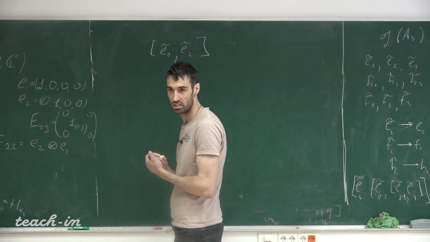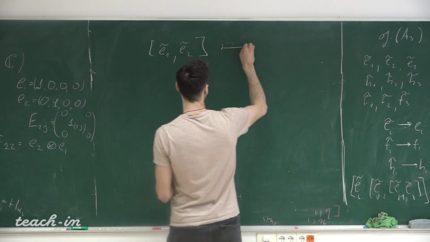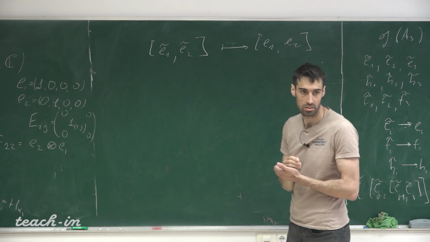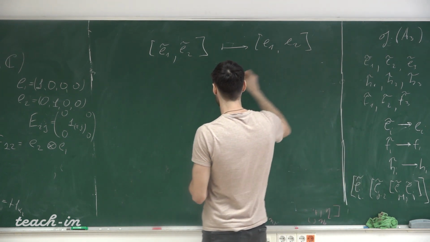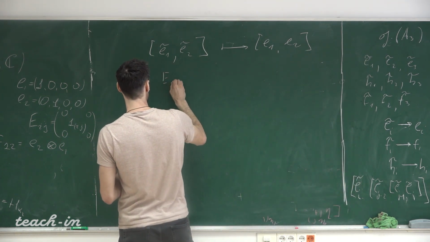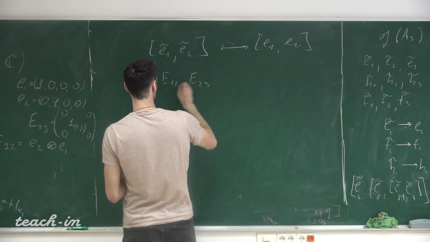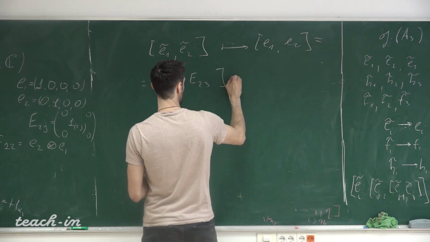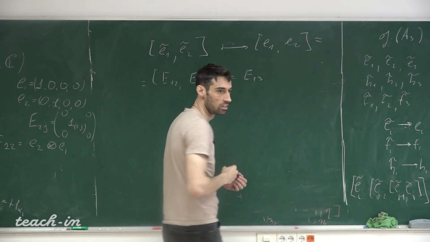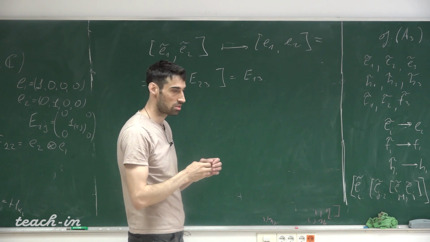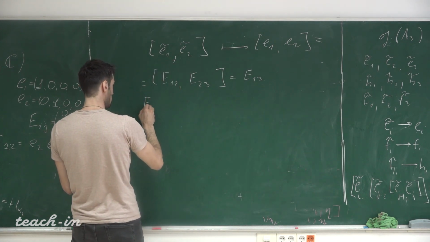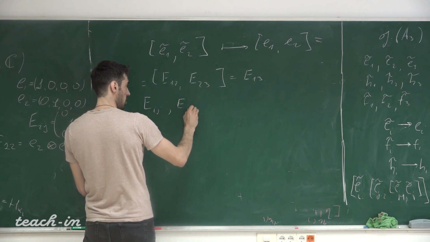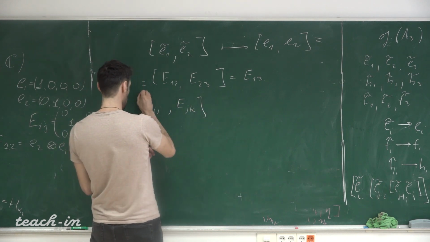Take the commutator. So it is mapped to E_1,2 and E_2,3. And this is E_1,3. So this just follows from the following relation: the commutator of E_ij and E_jk is E_ik.